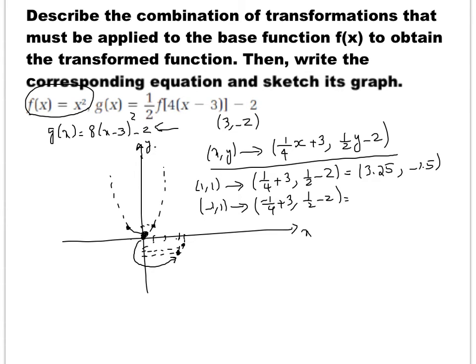Now 3 minus 1 over 4 gives me 2.75, and 1 over 2 minus 2 gives me negative 1.5. Now x is 2.75, somewhere around here, and y is negative 1.5, which is here. So I'm going to get a graph which looks like this one. This is the graph of the transformed function.